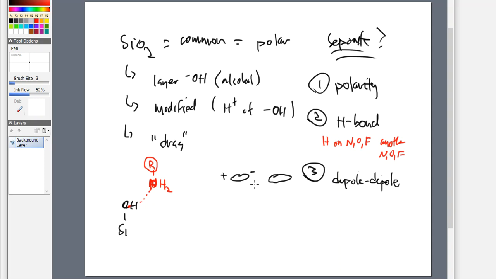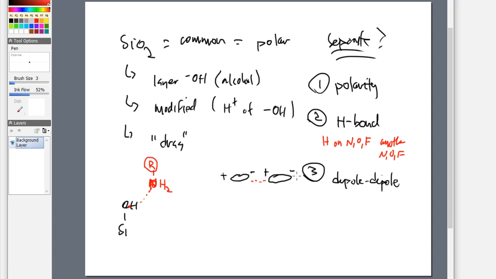So there is one dipole on one molecule, and then another dipole on another molecule is going to take place right there, and they are going to magically fall in love. And when they do this, they create a bond between them, and that bond is like extra glue that keeps those molecules interacting together.